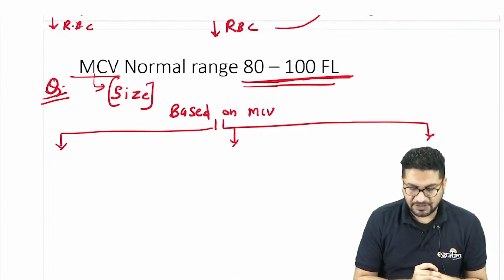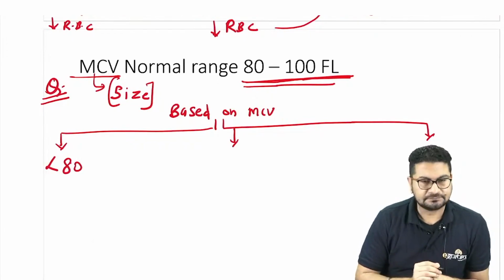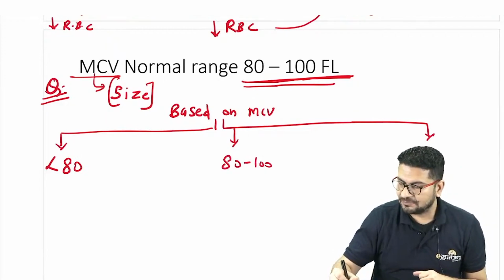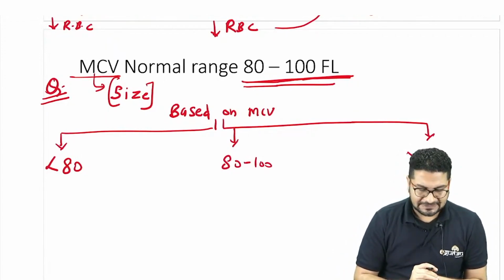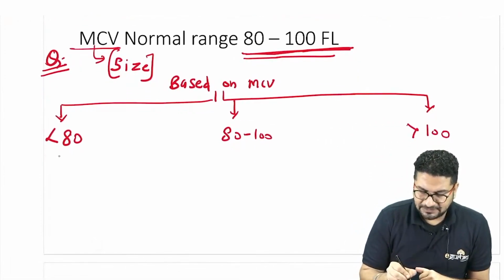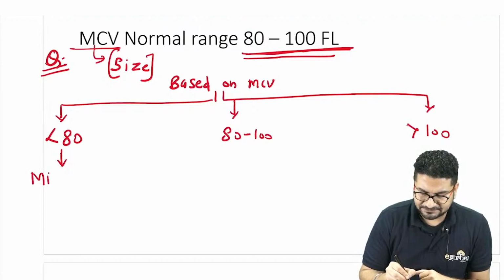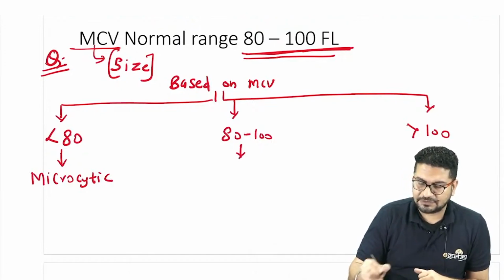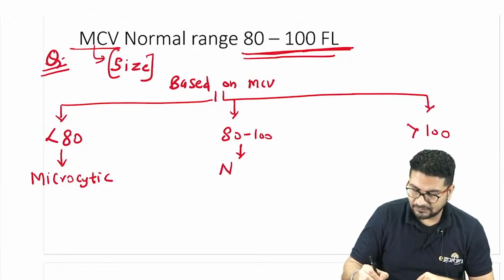Based on MCV, the value can be less than 80, it can be 80 to 100, or it can be more than 100. Am I clear, guys? If the MCV value is less than 80, this anemia is called microcytic anemia. If the MCV value is normal, 80 to 100, this anemia is called normocytic anemia.